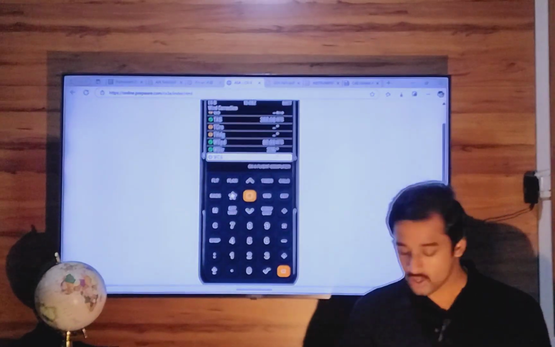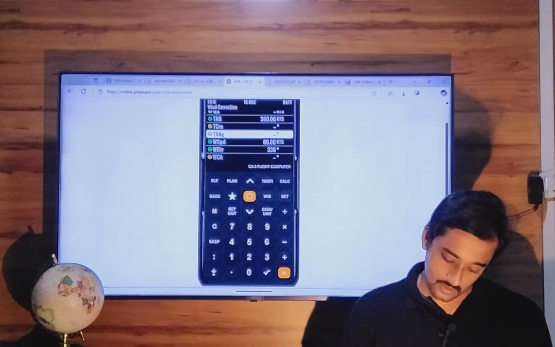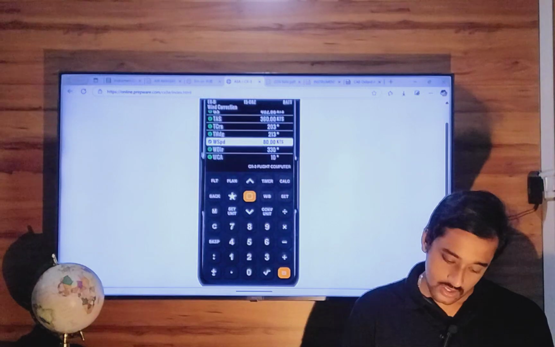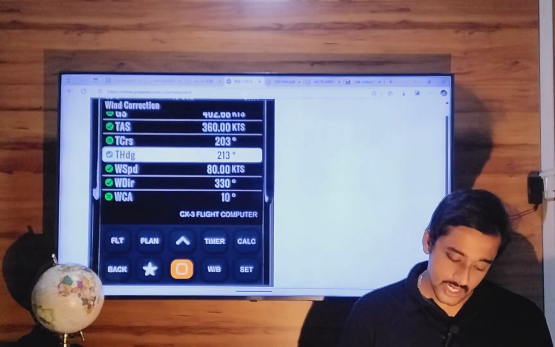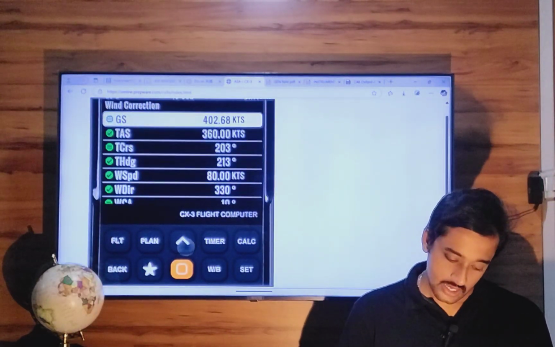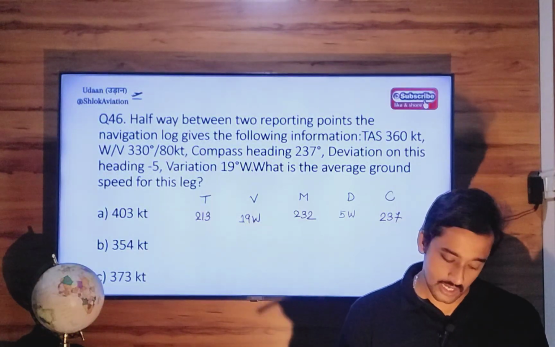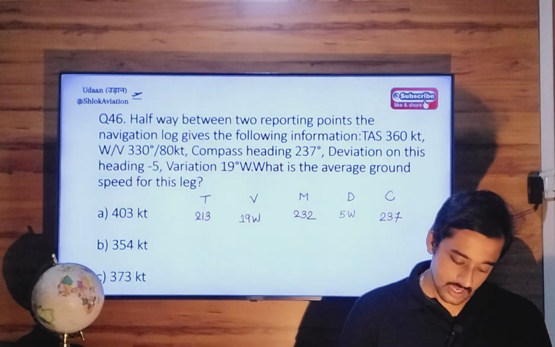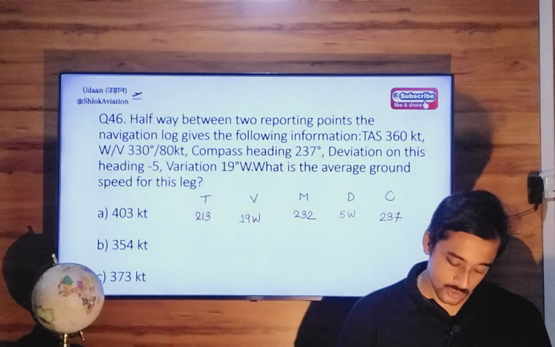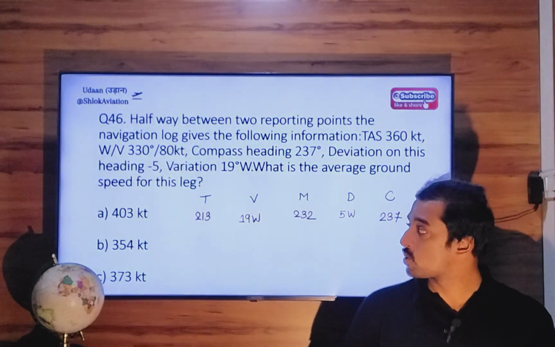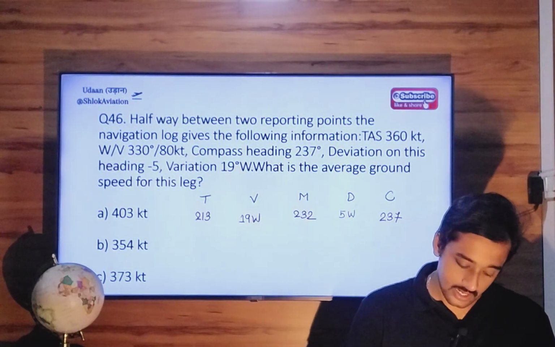True heading 213. So you get a true course of 203 and ground speed 402.68 or 403 knots. So option A is the closest option. Option A is the closest option, or that is the correct answer.